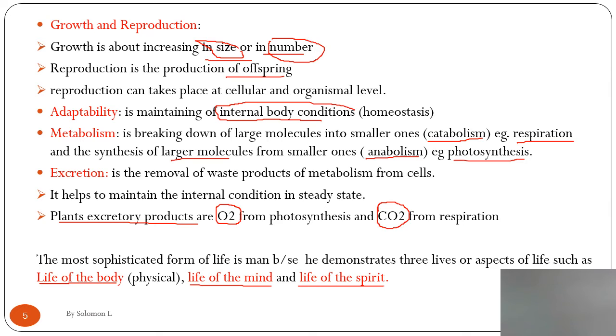Man has a life of body, or physical. Man has a life of mind, and man has a life of spirit. So man is very sophisticated, and the life of man is difficult to understand.